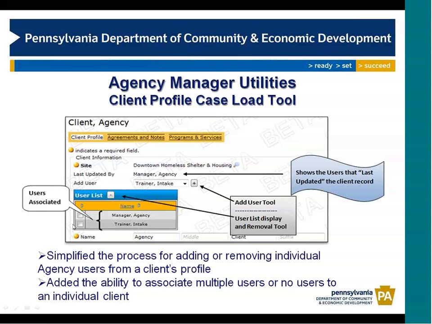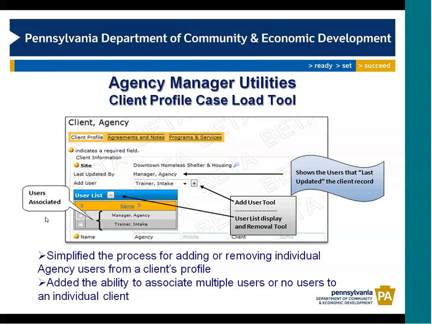Now, conversely, to remove them, all you have to do is check one or more of these current users and just hit the minus sign, and they'll automatically get deleted from that client profile. And as before, all the persons on this user list, that means that client is going to show up in their individual caseload on their home or start page.